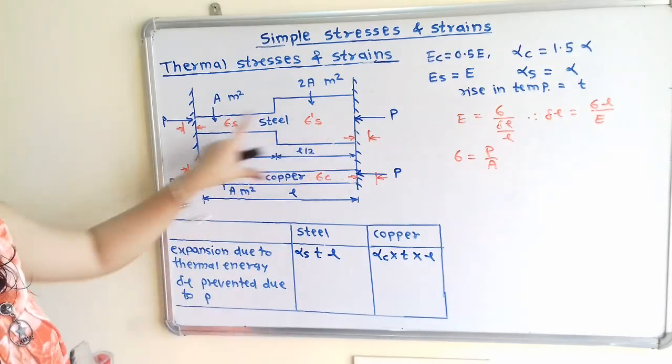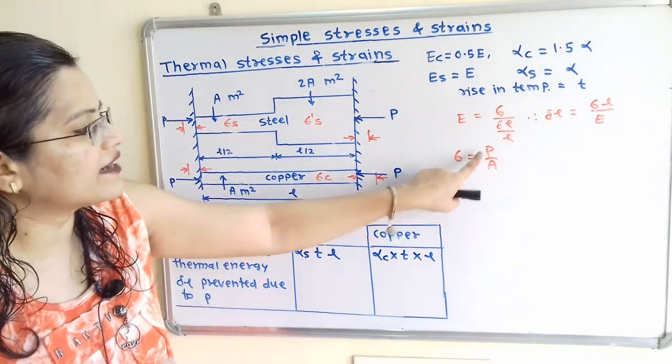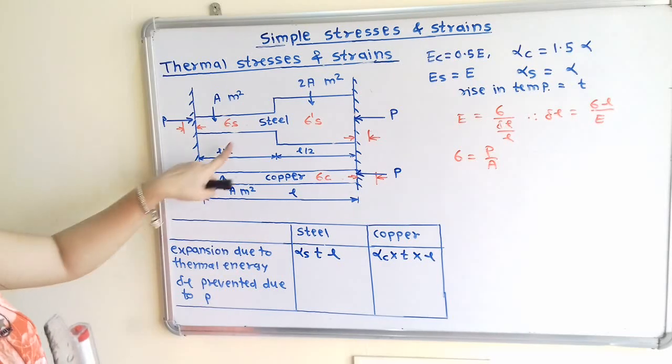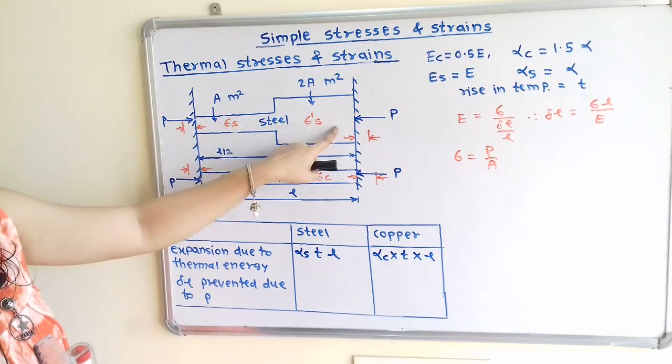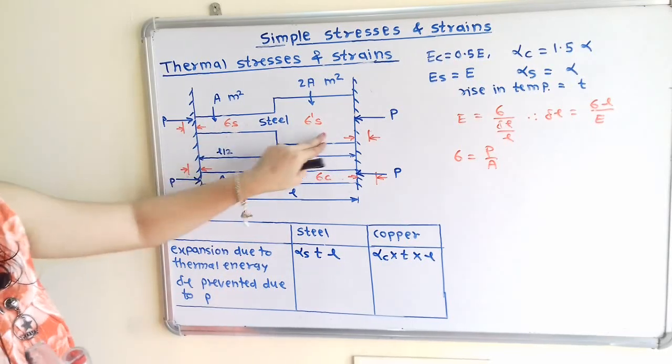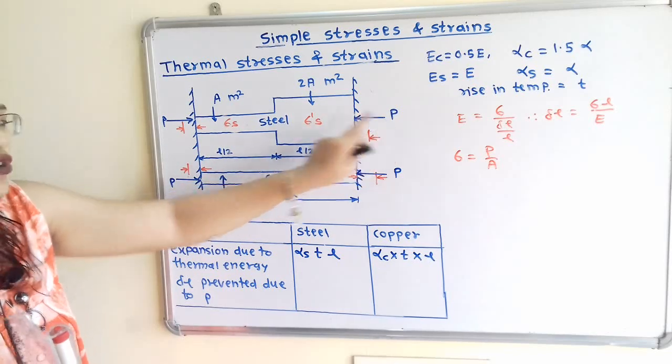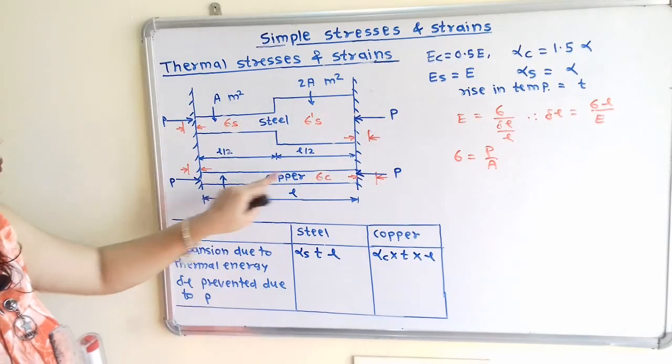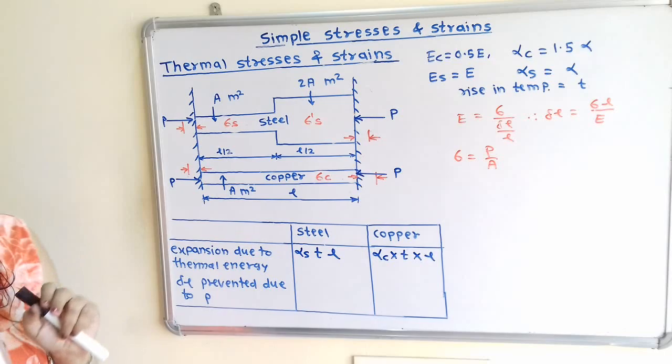Now with reference to this diagram we have to write the formula. If we observe for the steel on both sides, that is the first half and second half, the magnitude of P is the same, and for copper also the magnitude of this applied force is the same.